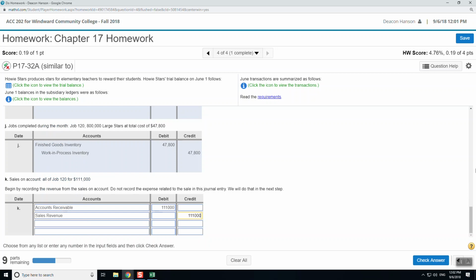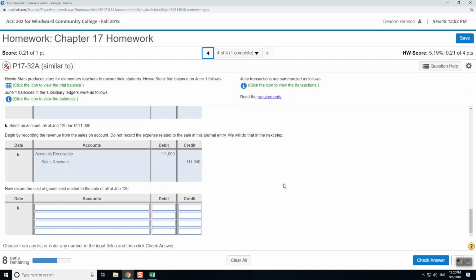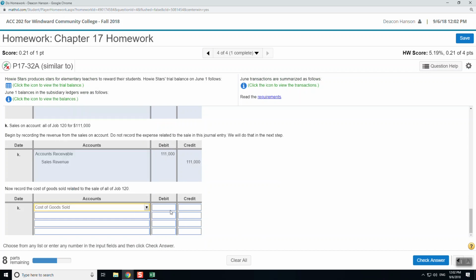And the problem says don't do the expense side yet, because the expense side is going to be the cost of goods sold. At least in the perpetual method, right? We record cost of goods sold at the same time that we make the sale. So in order to have cost of goods sold, you have to be taking the cost of those items out of the asset account in which they were sitting.